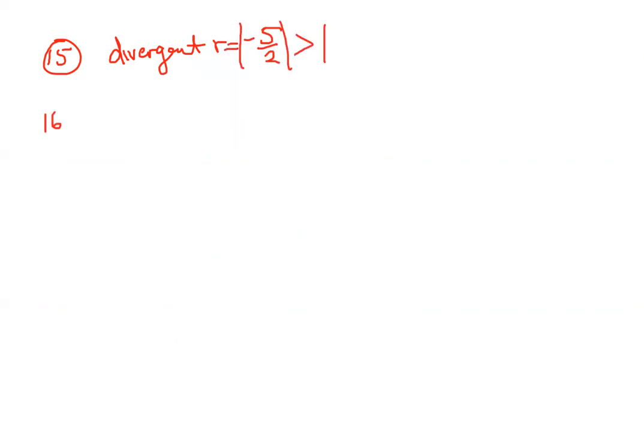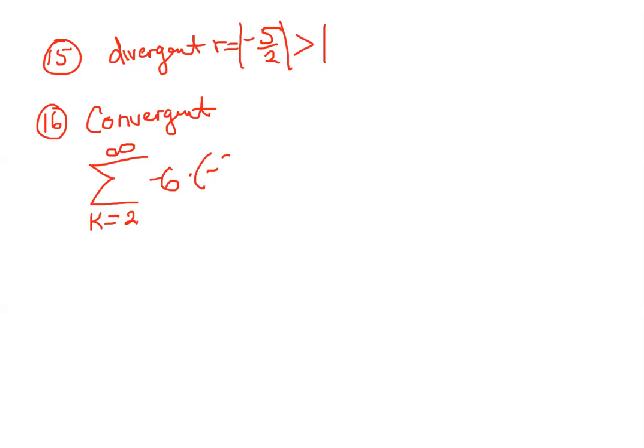And the last two where we don't start at 1, number 15 is divergent because R is negative 5/2, and the absolute value of that is bigger than 1. So we're done. Number 16 is convergent, and let's see what we have to do. Let me write it out here. We got K equals 2 to infinity of negative 6 times negative 3/4 to the K minus 1.